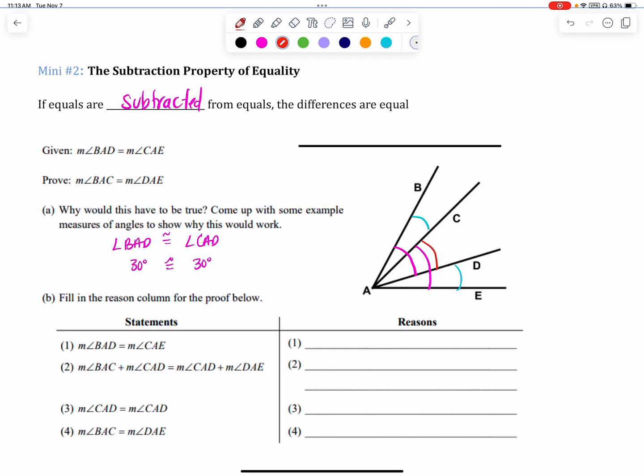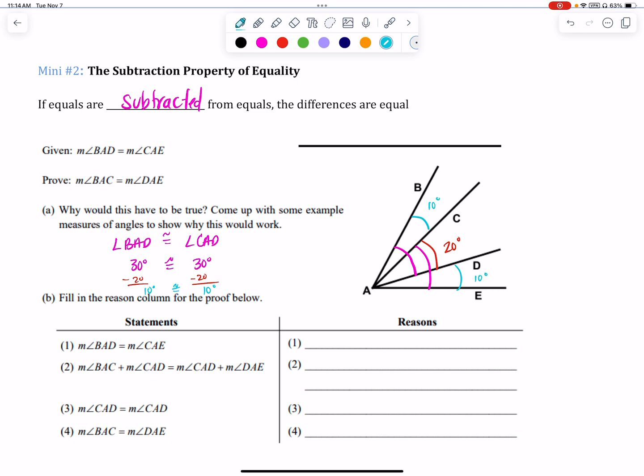So let's say CAD is 20 degrees. I'm going to subtract 20 on both sides, and then by the subtraction property of equality, I'm going to have 10 degrees left over. And they're also congruent to each other.